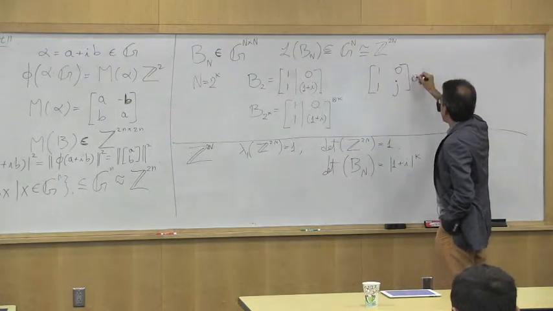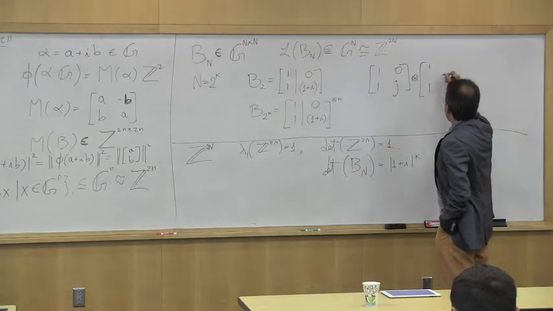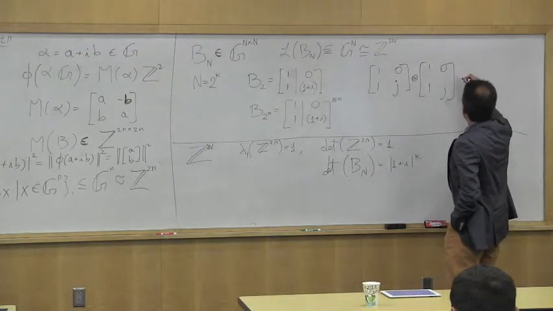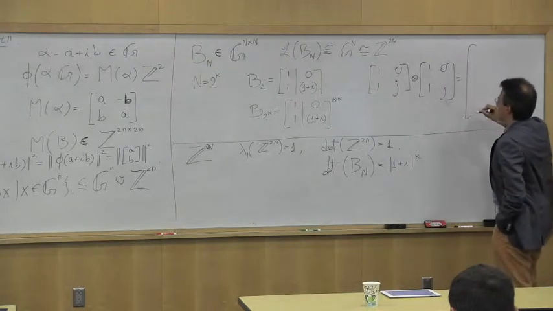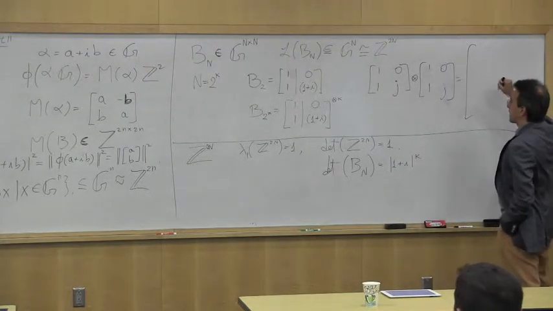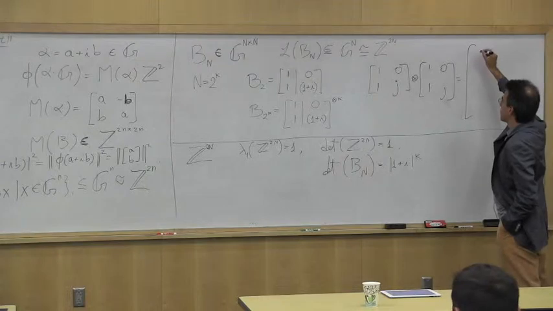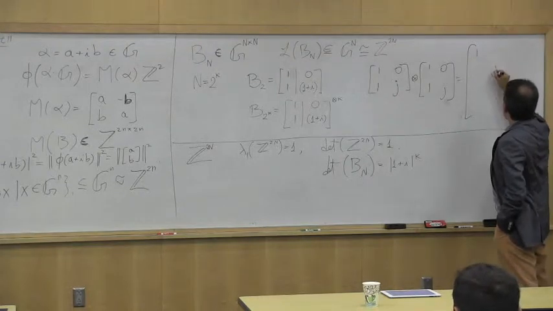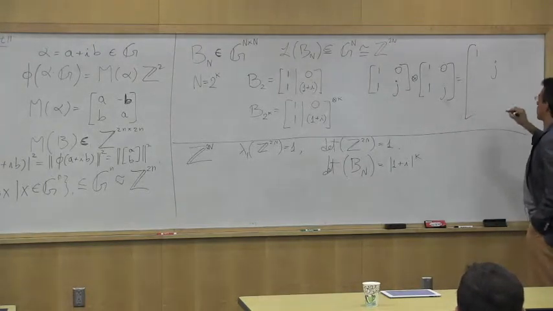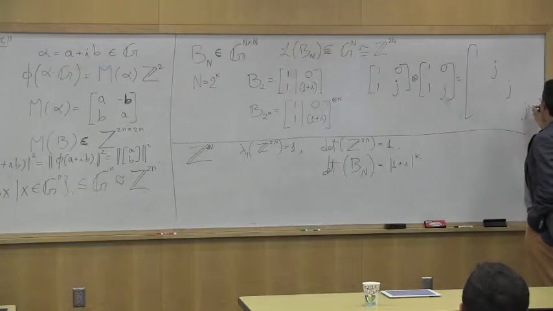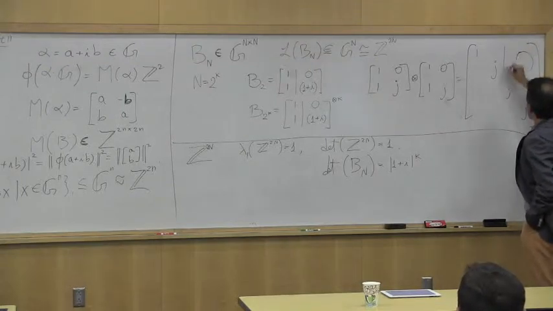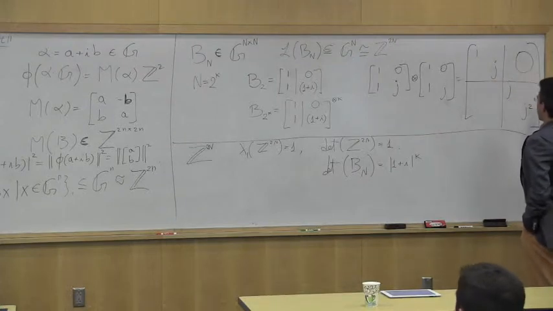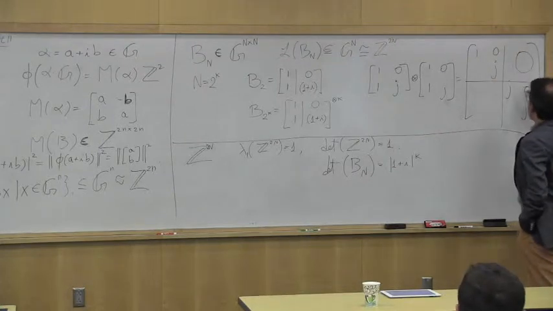And if you multiply it with itself, you get a 4 by 4 matrix, which on the diagonal is 1, J, J, J square. And here we have 0. So the matrix is still triangular.